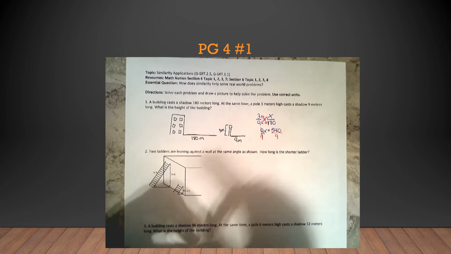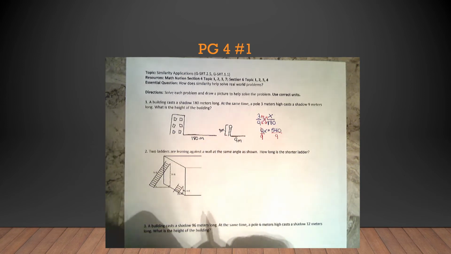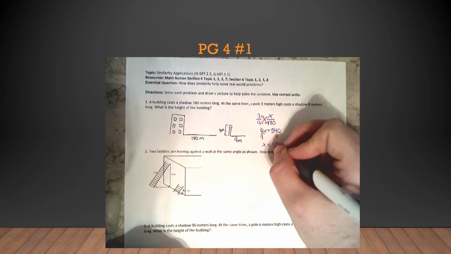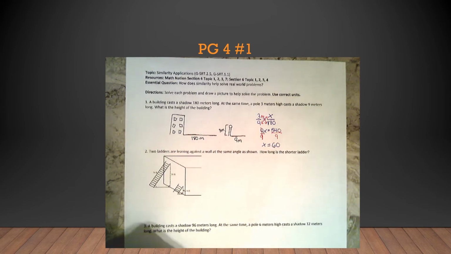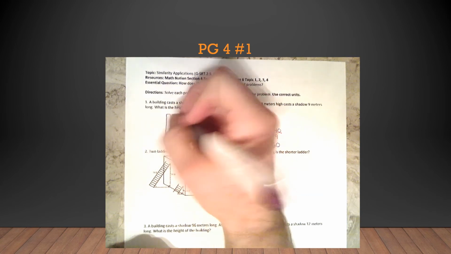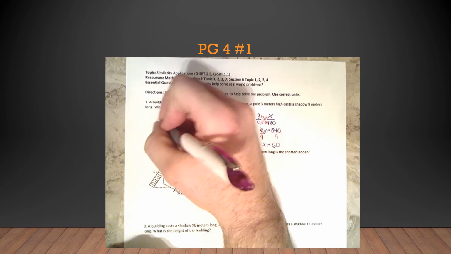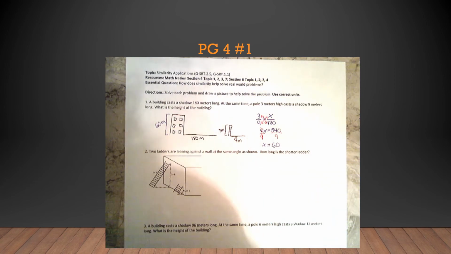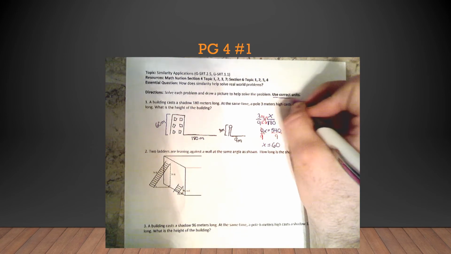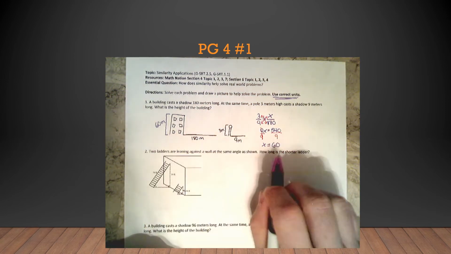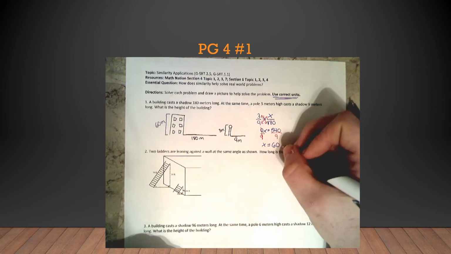So it cancels out over here, and now I would have x equals 60. So the height of this building is actually 60 meters. Make sure that you use the correct units. It even says it up here. Since I know it's 60, I have to make sure I say 60 meters.